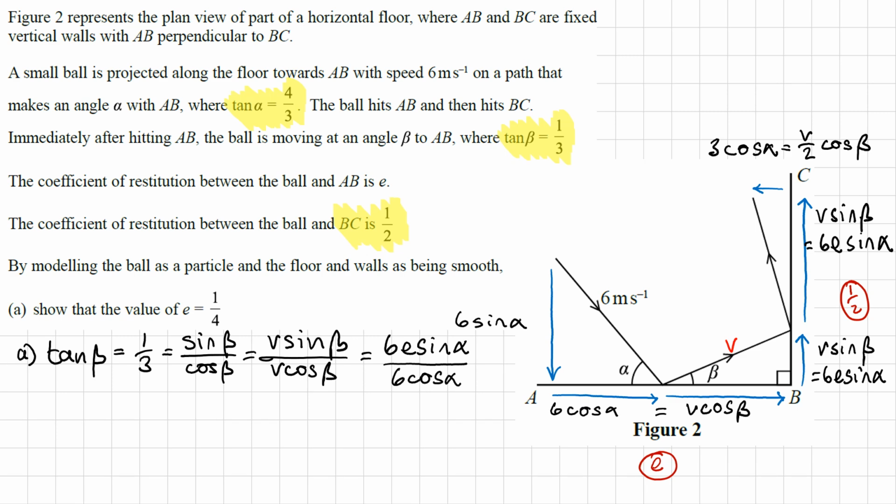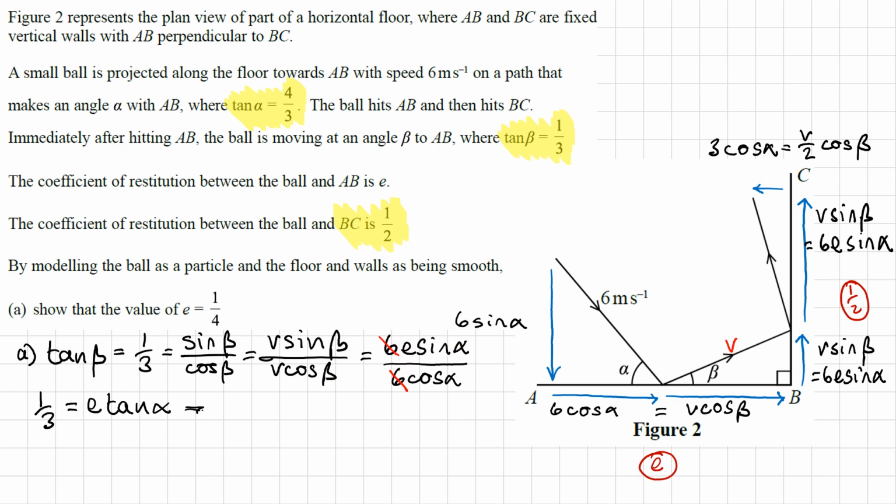So let's see what we've got so far. With the 6's cancelling out, I have 1/3, which is the tan beta, is equal to E times by tan alpha. Now this is a common result, but you can't just use the equation tan beta is equal to E tan alpha, you must prove it here.